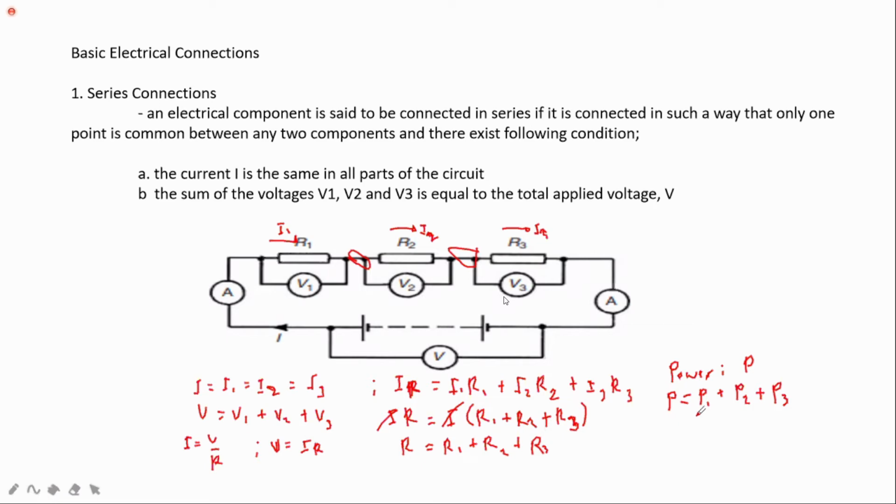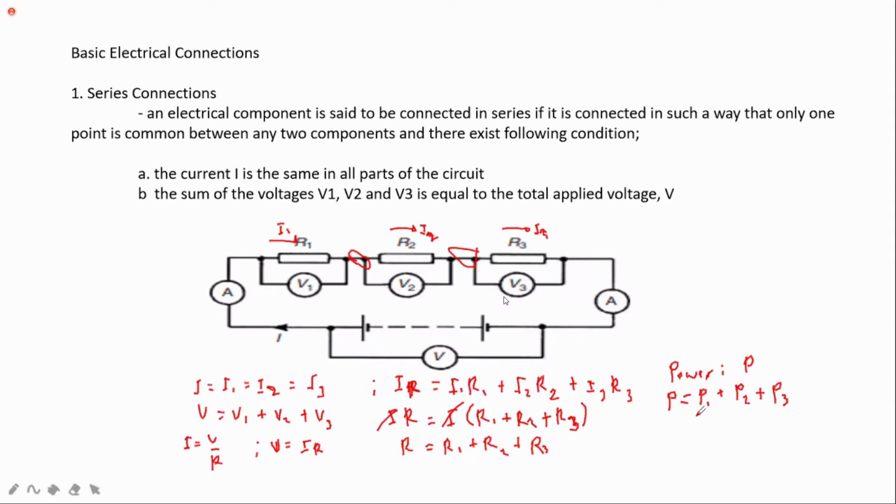So that's a general expression of power. Okay. So as long as there is only one current flowing, there's no other path that will complete the circuit, then that is considered as series.